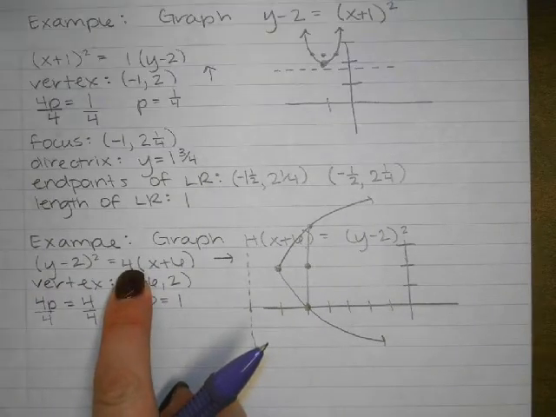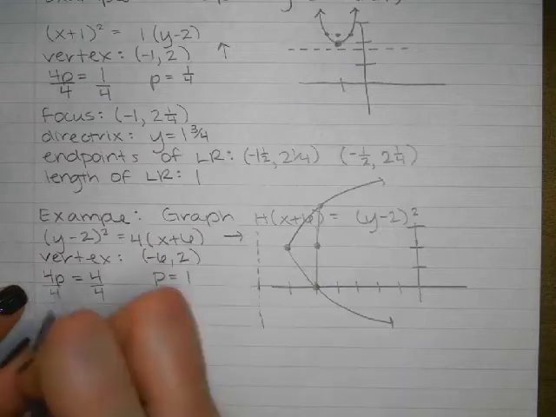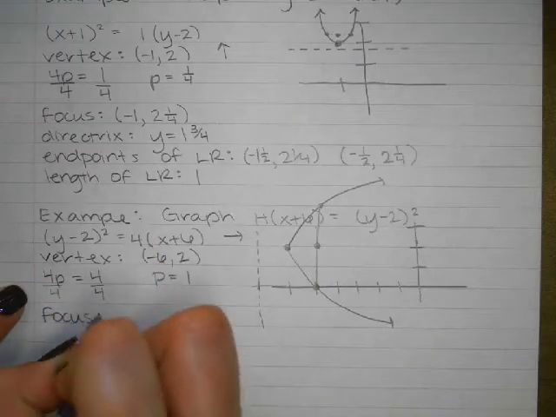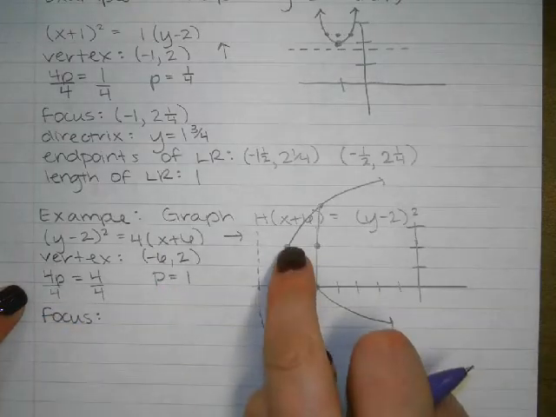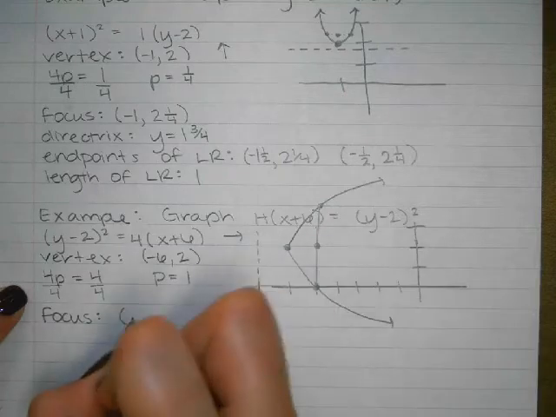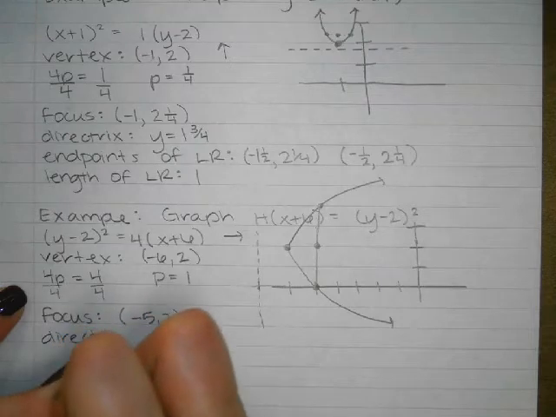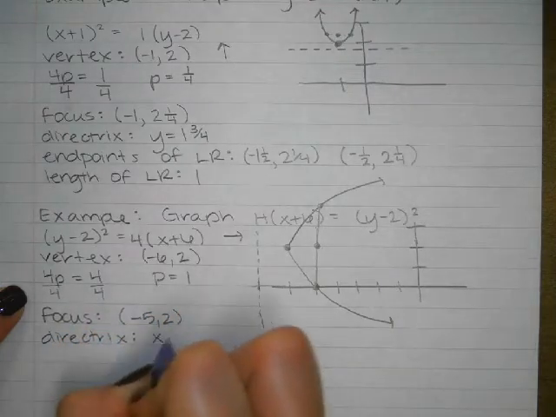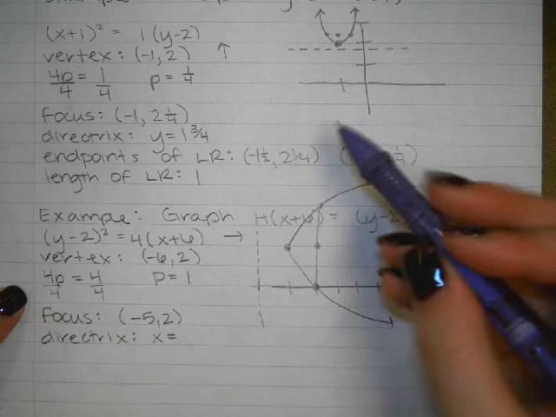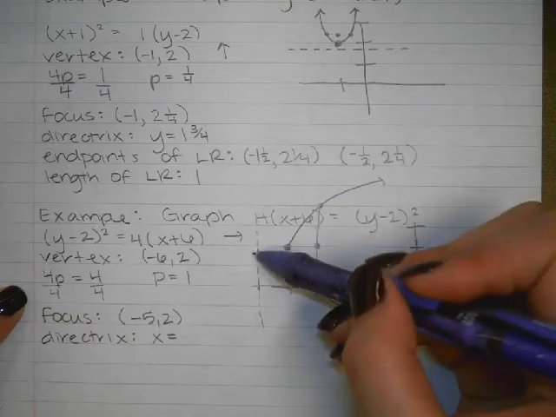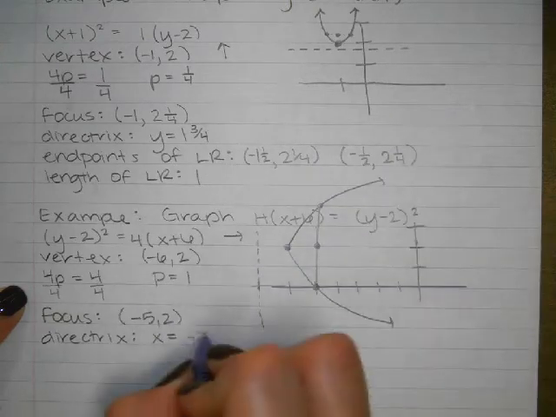So let's go ahead and write down all the rest of the information. So we have the focus. From the vertex, it went to the right 1, and so that means it's at -5, 2. The directrix is a vertical line this time, so it's going to be an x equals equation. And it's going to be x equals, this went to the left one, so x equals -7.